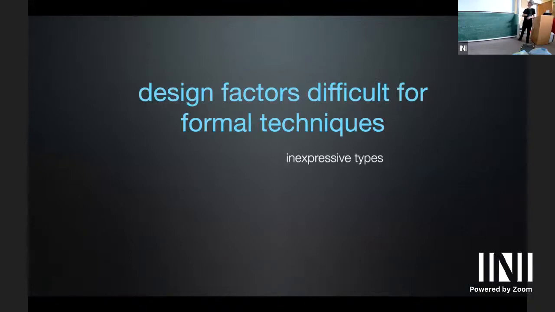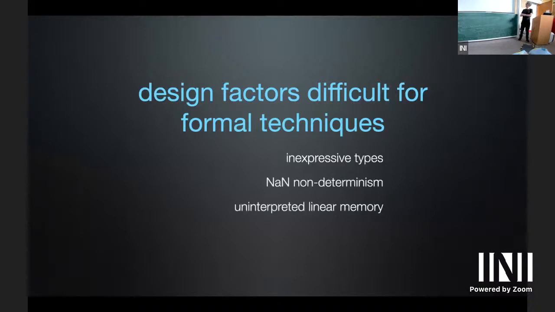Okay, but there are also some design factors which are probably harder to deal with than in some other languages. Types are a plus, as I mentioned, but they're also extremely boring, so you don't really get that much. In particular, you just have numbers. Numbers are used for pointers. If you have a number, you don't really know whether it's a pointer or anything else. And then the big thing, of course, is that this is really a low-level language.